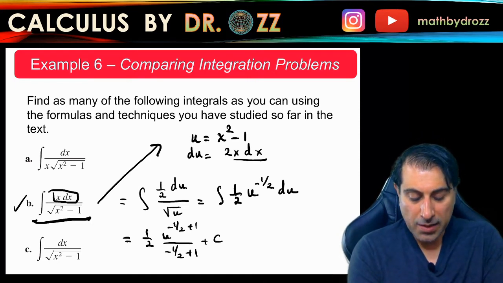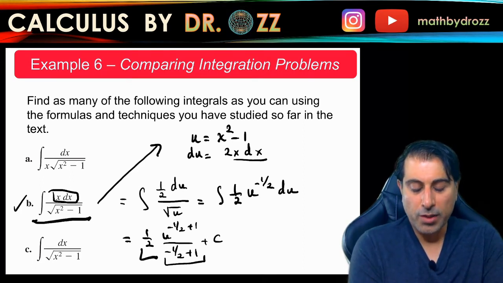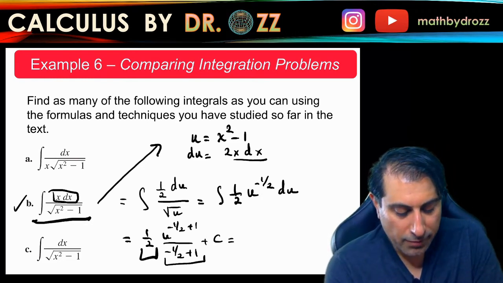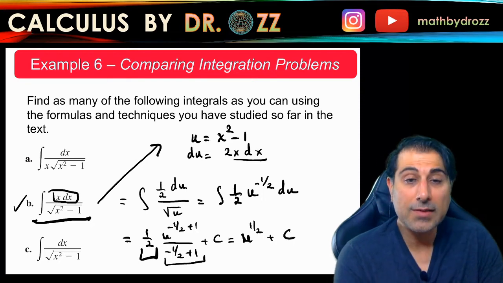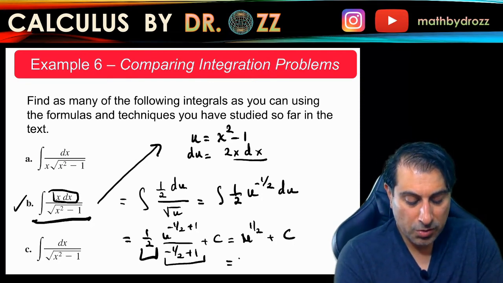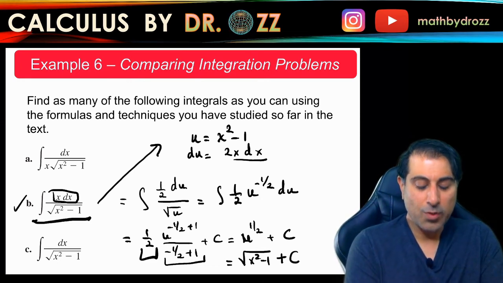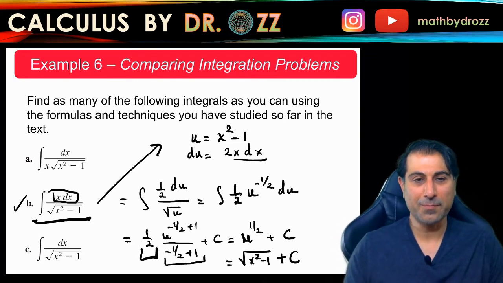So the bottom is just simply 1/2. If you flip it over, it's 2. And you have another 1/2 here, so that's going to be 1. In turn, I have u to the power of 1/2 plus c, and u here is x squared minus 1. So in other words, I have radical x squared minus 1 plus c as the result of part B.